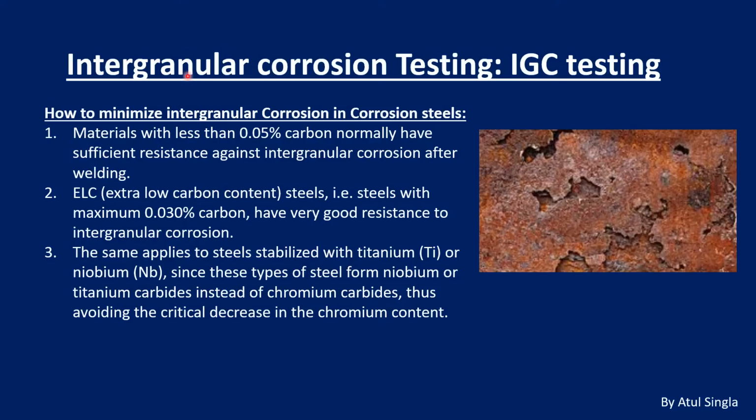If carbon is high and there are chances of formation of chromium carbides, then we introduce these two elements, which will lead to the formation of titanium carbides instead of chromium carbides. So the resistance toward corrosion will be high, and the susceptibility to intergranular corrosion will be lesser. So this is how we can minimize the intergranular corrosion in stainless steels.